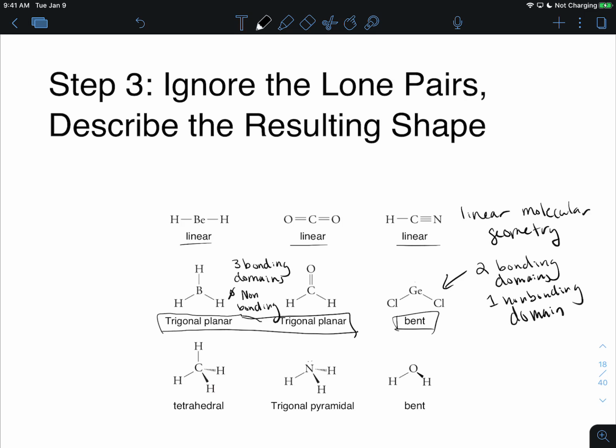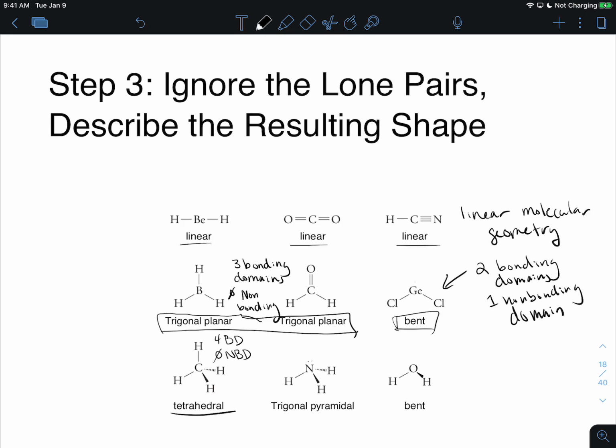Next 3 ones, we have 4 bonding domains, 0 non-bonding domains. So this is going to have a molecular geometry and electron domain geometry the same, which is tetrahedral.